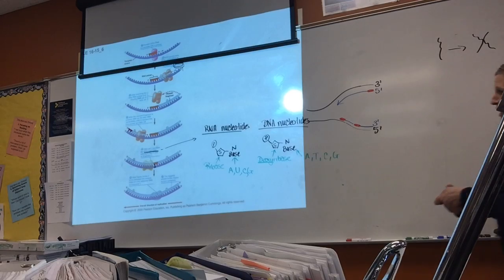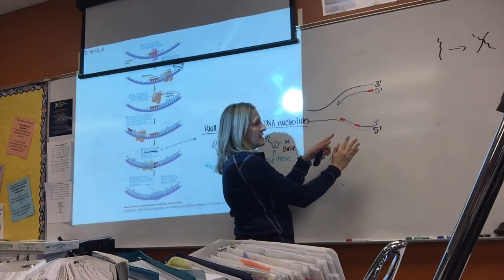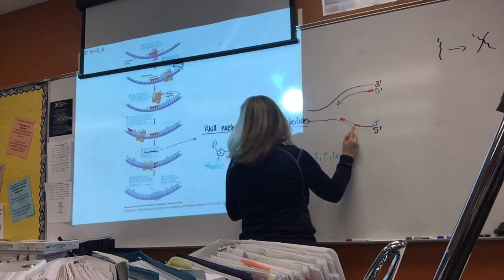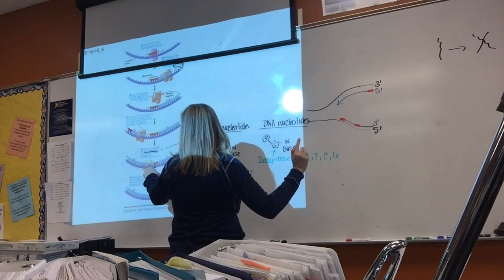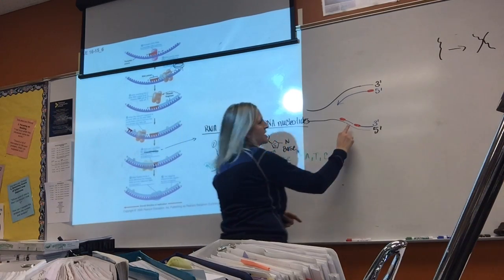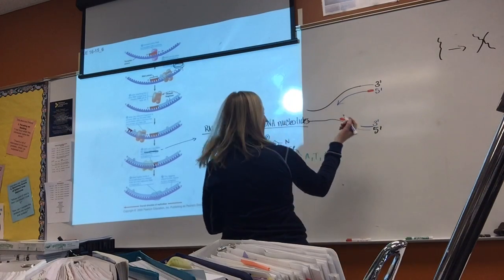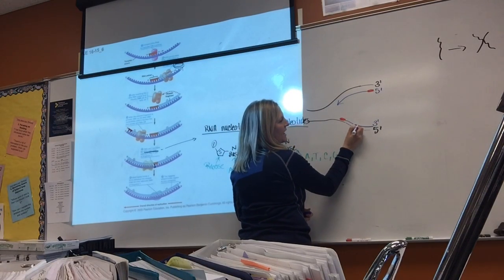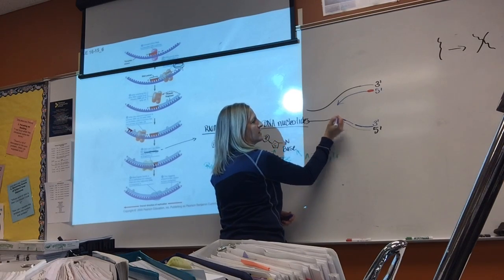So big picture, the primer is being taken away here. It takes away the RNA, and then it's going to add the appropriate DNA. Take away the RNA primer, add DNA.